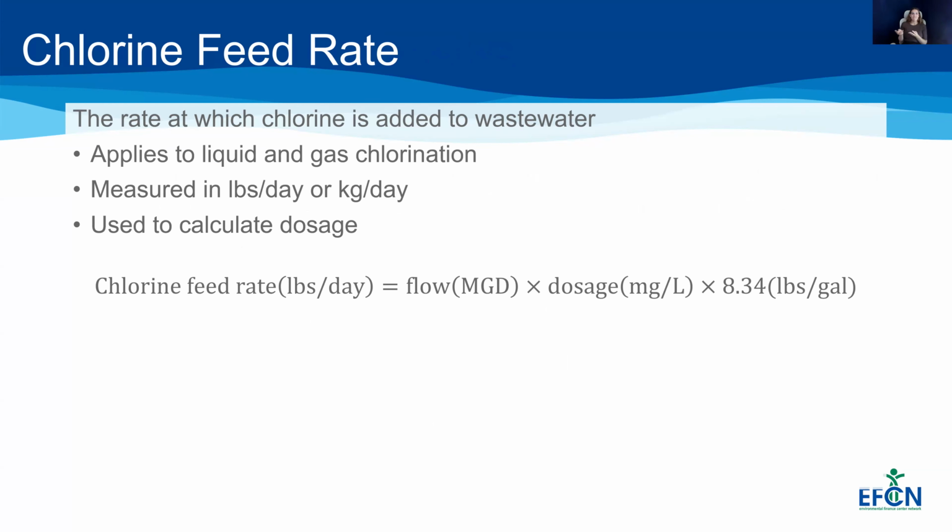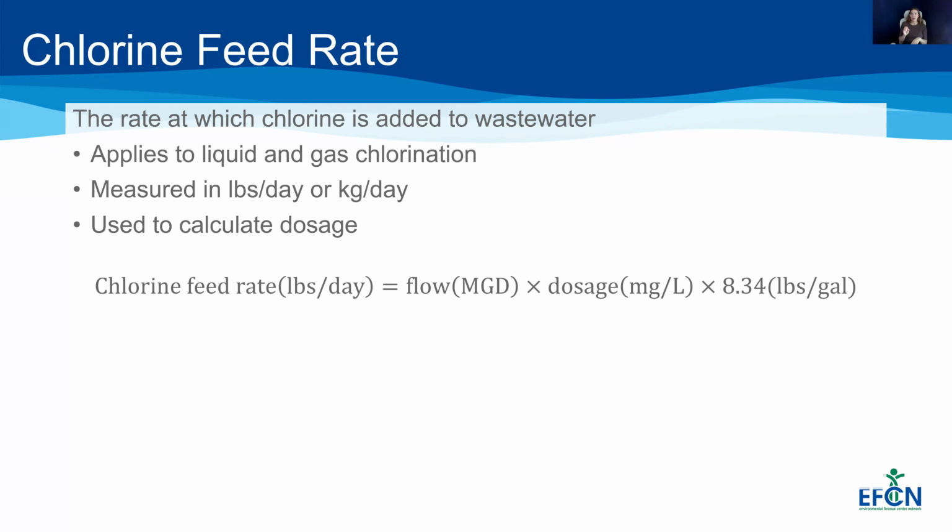This is very similar to our BOD and our BOD loading, how much water is going through it. It is typically applied to liquid and gas chlorine based on our dosage, and it's measured in pounds per day, just like BOD. This equation can also be moved around to understand how much dosage is being applied to our wastewater.